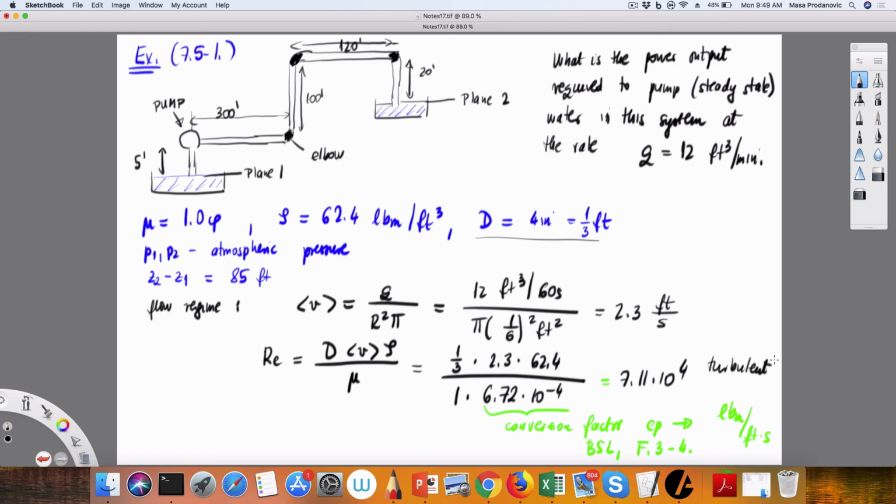And given the size of the pipes, it wasn't even a question of whether it's turbulent, but just how turbulent. Okay, how bad is it?